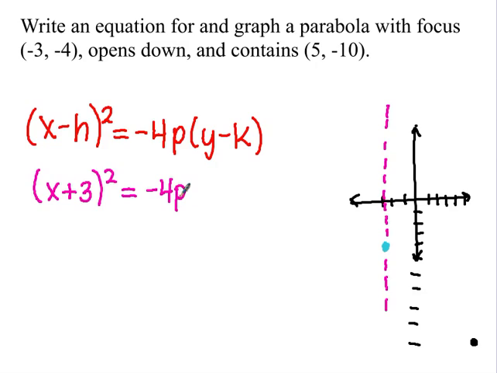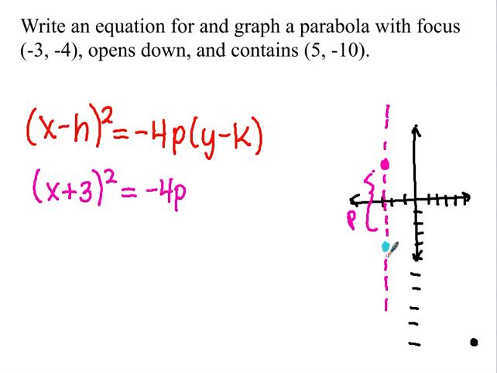What I don't know is what the y-coordinate is. I don't know what p is. Somewhere up here is going to be my vertex, or it could be anywhere above the blue. So this distance is p, right? Whatever coordinate this is for y, this is actually -4.